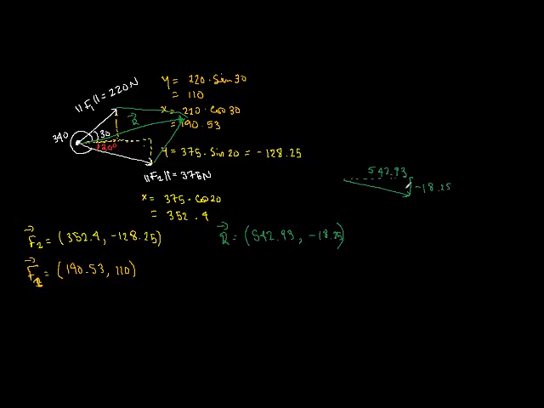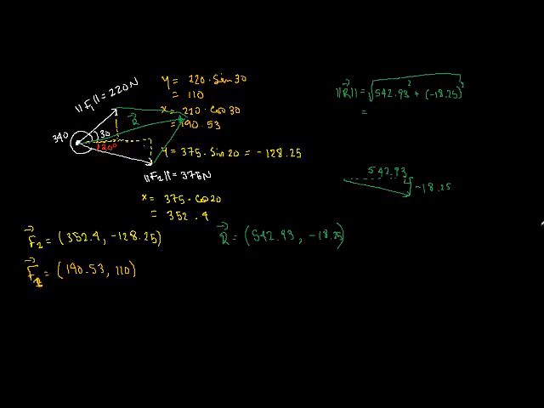Now finding the magnitude of this is as easy as Pythagoras. So magnitude of R equals the square root of 542.93 squared plus negative 18.25 squared.